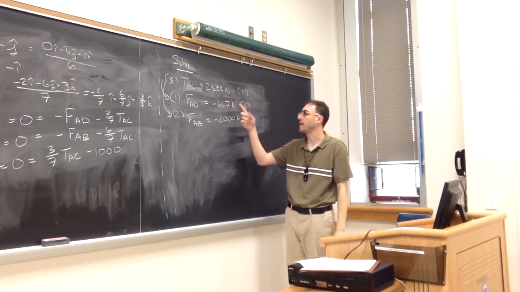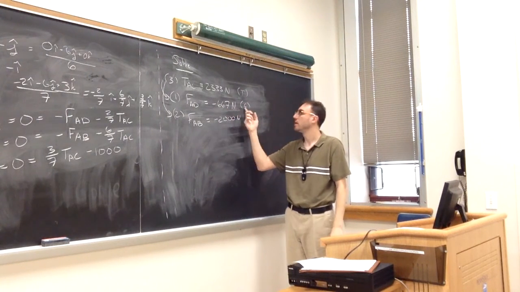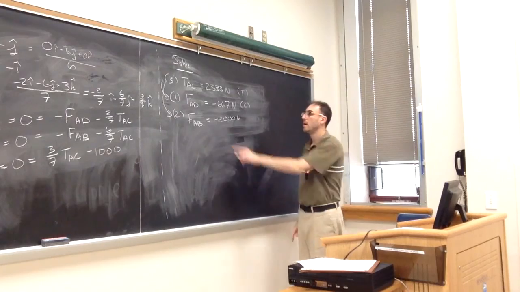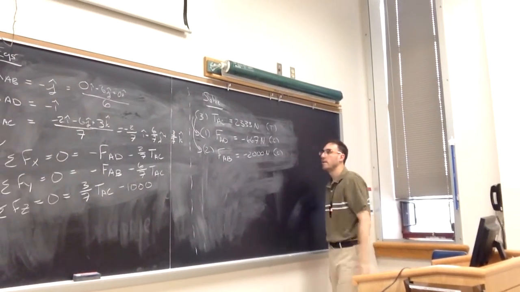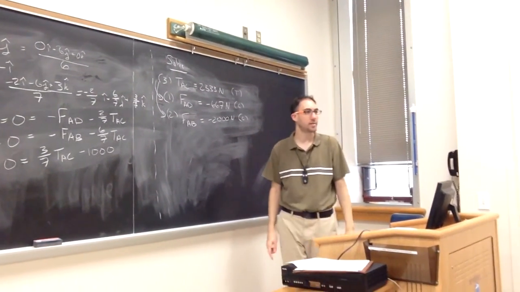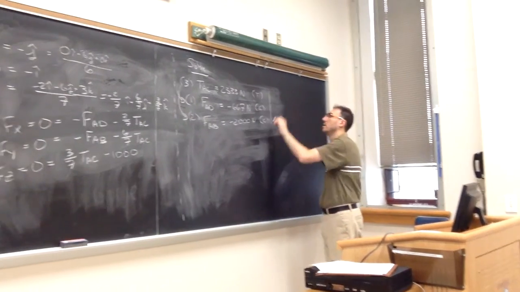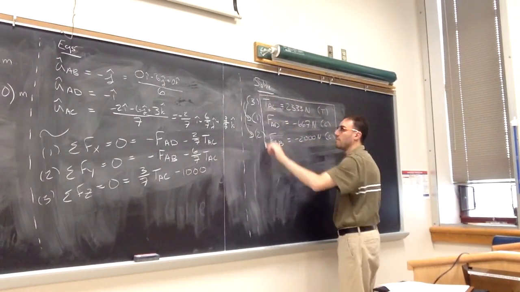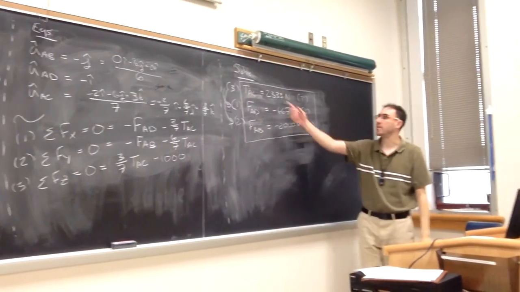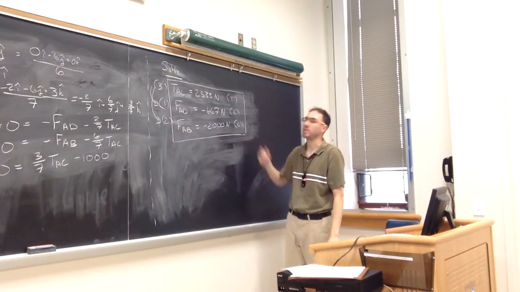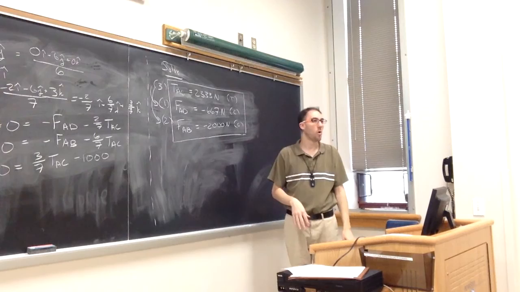The negative indicates my assumption was incorrect. It's actually in compression. And AB, also negative, means that my assumption was wrong. It too is in compression. So my answer I would report is the numerical value and my interpretation, whether in tension or in compression.